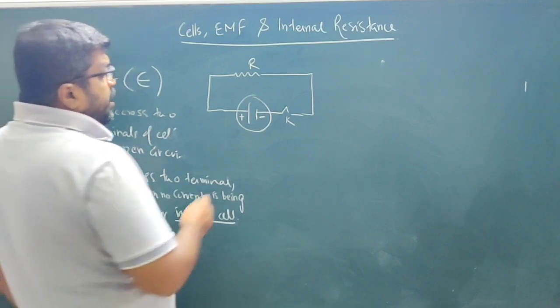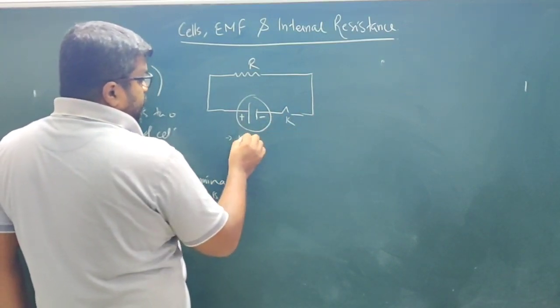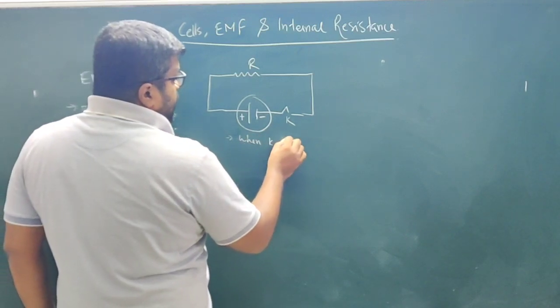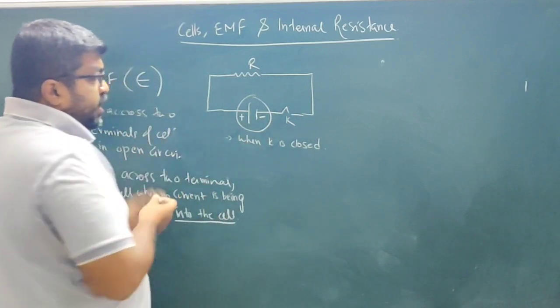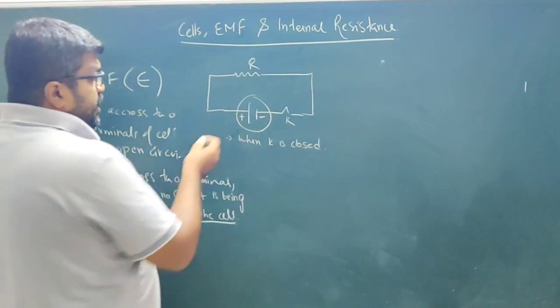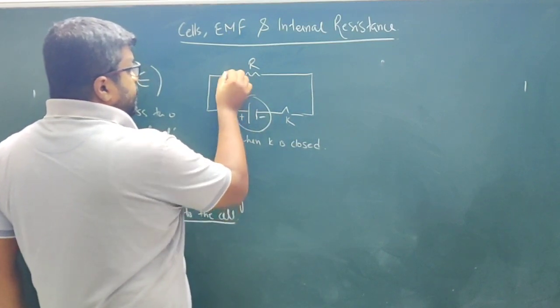Now when the key is closed, what happens? When the key is closed, in the external circuit, the current flows from high potential to low potential. So current flows like this.